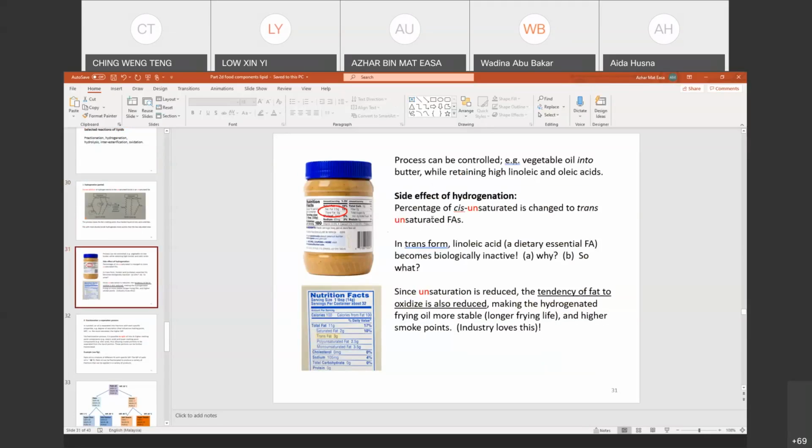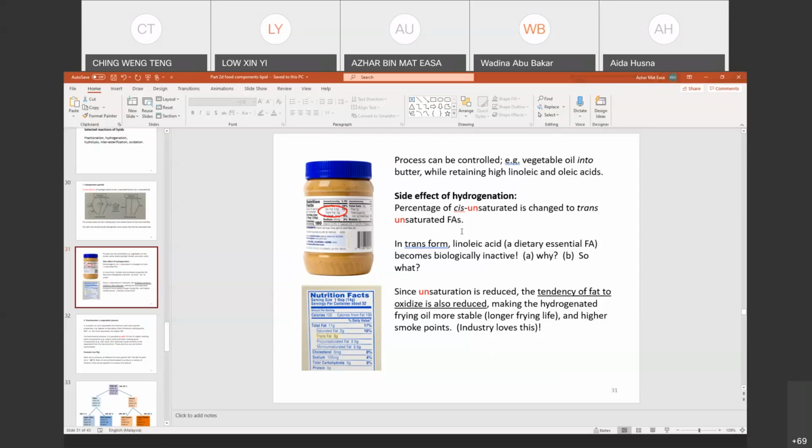But the problem with hydrogenation is the percentage of cis is changed to trans. We know this. And in trans form, linoleic acid, which is a dietary essential fatty acid that our body wants, becomes biologically inactive. So, A, why? B, so what?